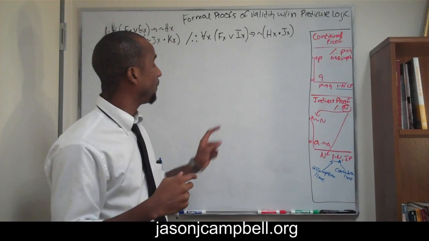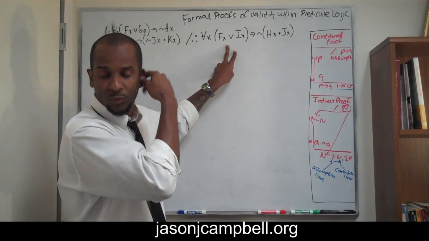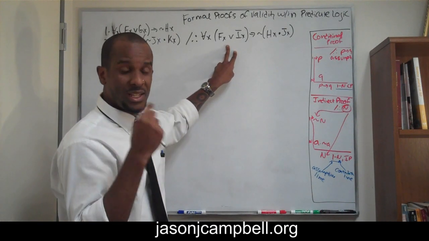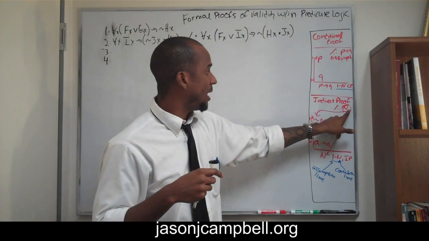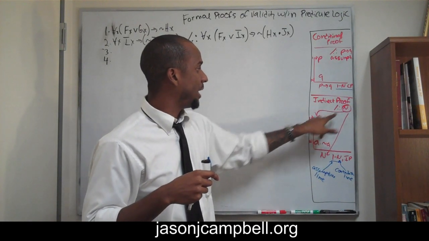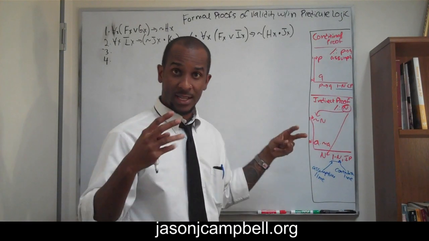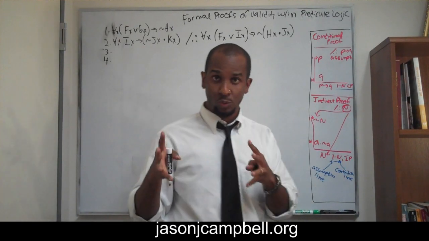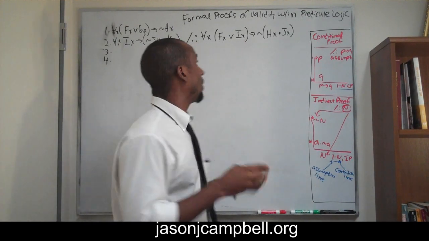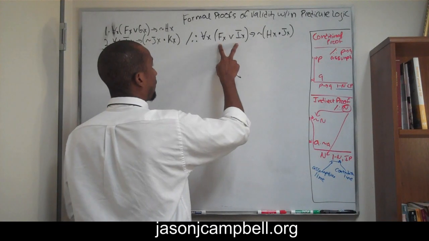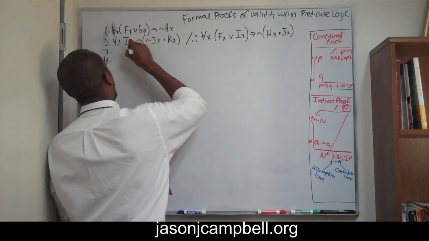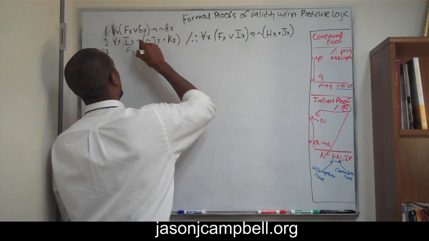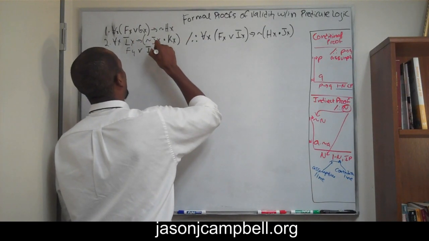Also, the second thing that we need to do, for the indirect proof, is derive a contradiction from the negated assumption, right? So we recognize that we have to have a negated assumption. So we're going to have two assumptions. First, we're going to assume our antecedent, right? So we have Fy or Iy.